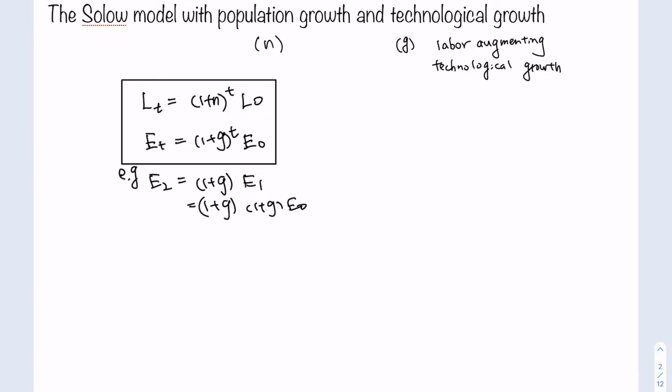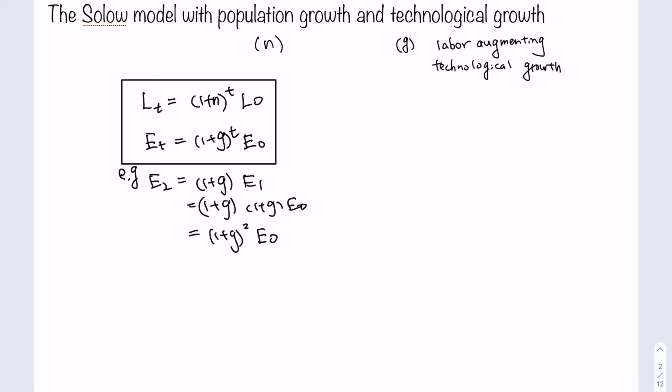So the second period's technological level equals (1 plus g) to the power of 2 multiplied by E naught. That is why, when we set up the equations characterizing the level of technology and population at time t, we say that the population at time t equals (1 plus n) to the power of t multiplied by L naught, and the technology at time t equals (1 plus g) to the power of t multiplied by E naught.